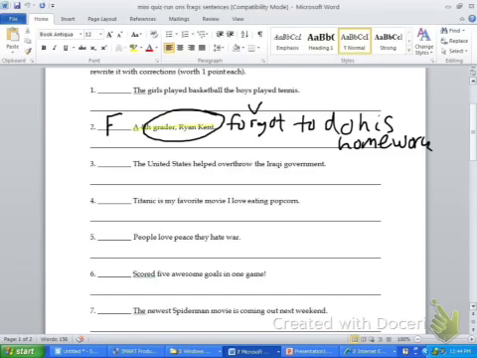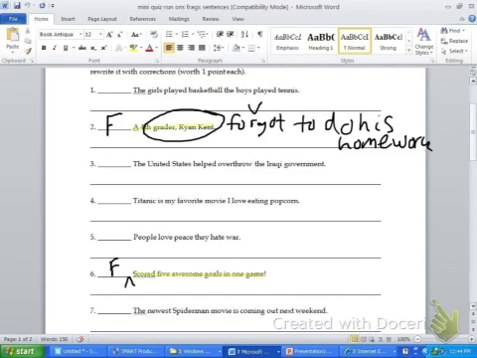How about this one down here? Number 6. Scored 5 awesome goals in one game. What are we missing? Subject or main verb? See if you can think of it. So we're missing a subject. This is a fragment, and we're missing a subject in this sentence.